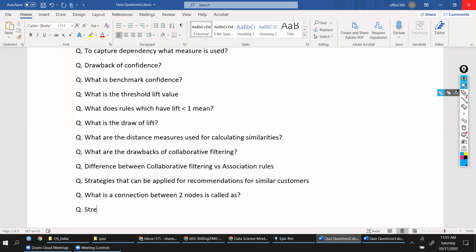Now, the strength of a network can be measured using what techniques? What all techniques can you think of? Very good. Degree centrality. Centrality measures, okay. There are different types of centrality measures, isn't there?